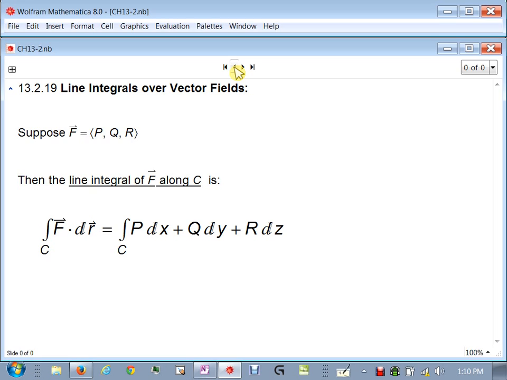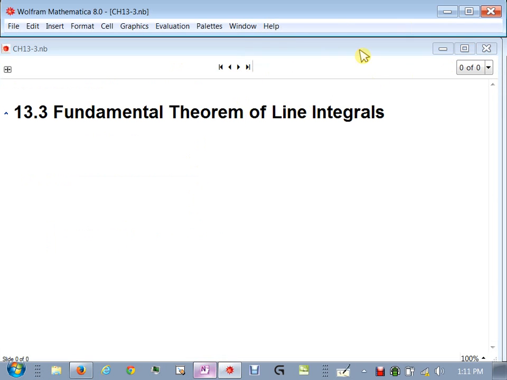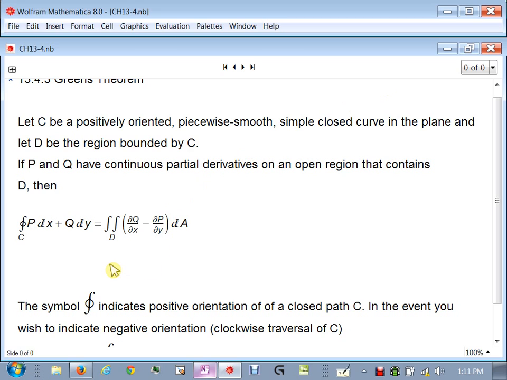Okay, just keep that in mind. So this is saying that this line integral of P dx plus Q dy turns out to be the double integral over D, the region it encloses, of partial Q with respect to x minus partial P with respect to y, with respect to area. So your line integral becomes a double integral.